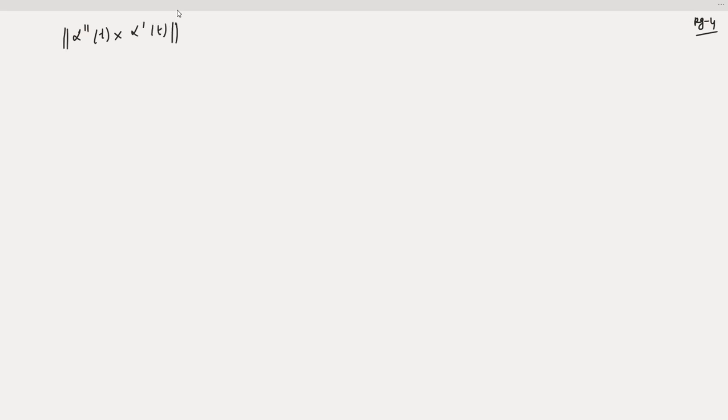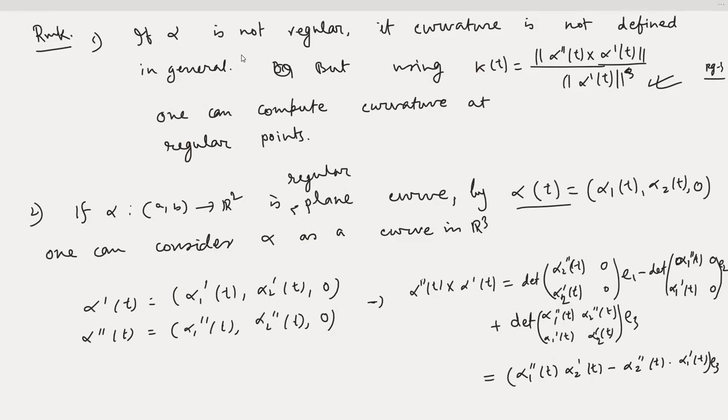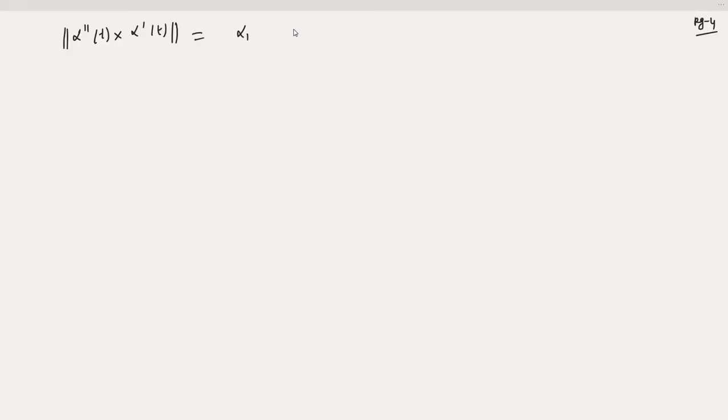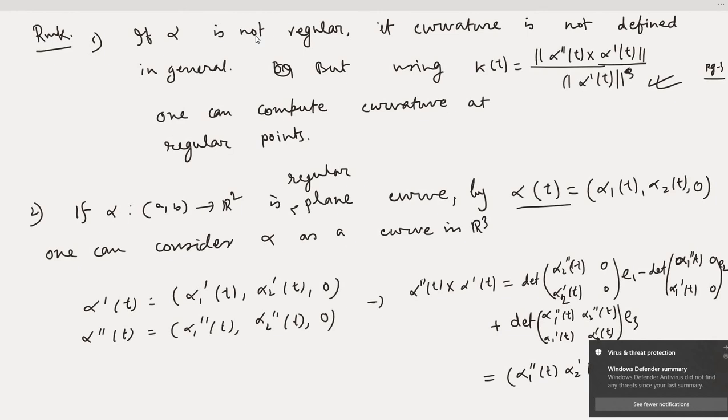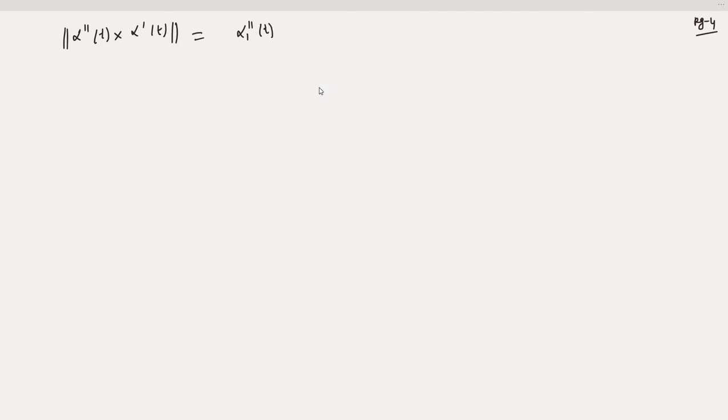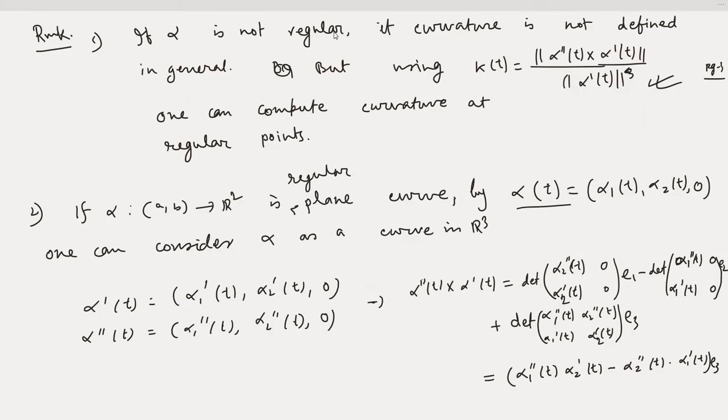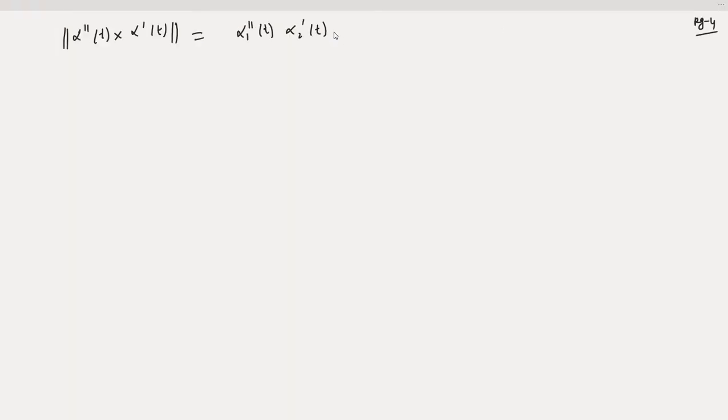So the norm of this is equal to the norm of alpha 1 double prime of t times alpha 2 prime of t minus alpha 2 double prime of t times alpha 1 prime of t, mod of this.